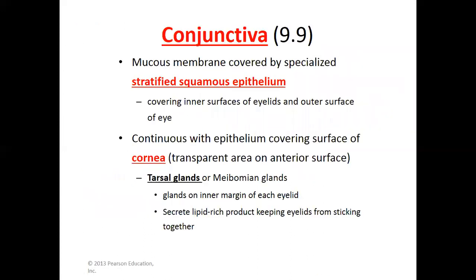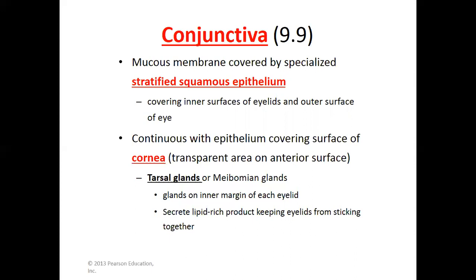Conjunctiva. If you've ever had an eye infection, you've had conjunctivitis, and I wouldn't be doing my job as a teacher if I didn't get to show you some gross pictures today. So I'm going to show you a picture of conjunctivitis soon. Basically, the conjunctiva are a mucous membrane that's covered by stratified squamous epithelium, and it lines the inner surfaces of the eyelids, so the palpebra, and the outer surface of the eye too.